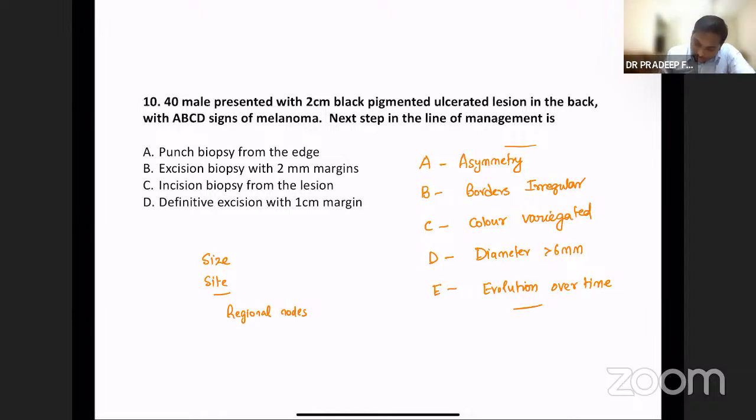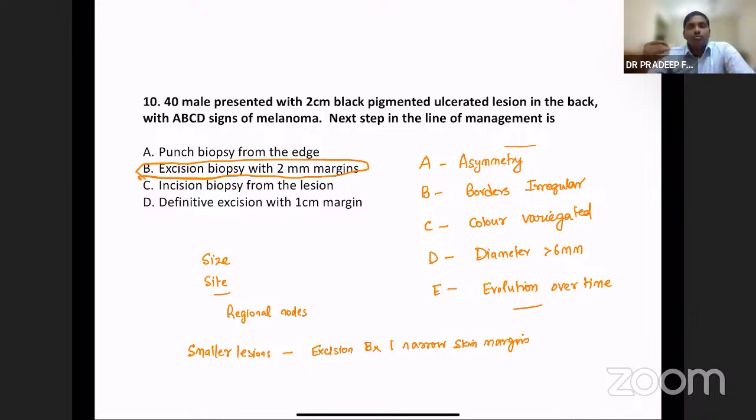Ideal recommendation for smaller lesions: excision biopsy with narrow skin margins. This is given in the book. So the best answer will be excision biopsy with a 2 mm margin. So how to move about the management? The question is over, the answer is over.